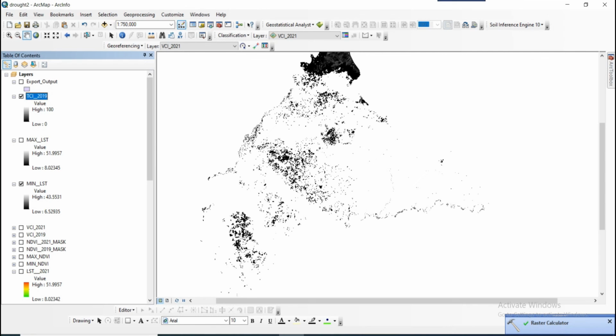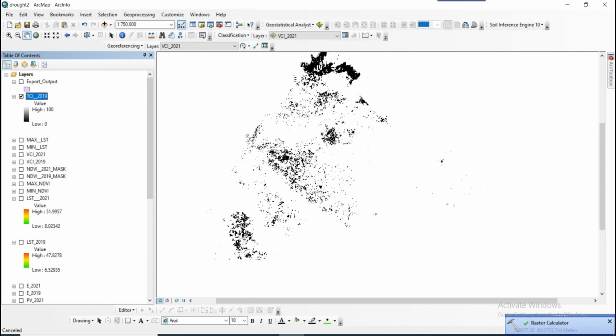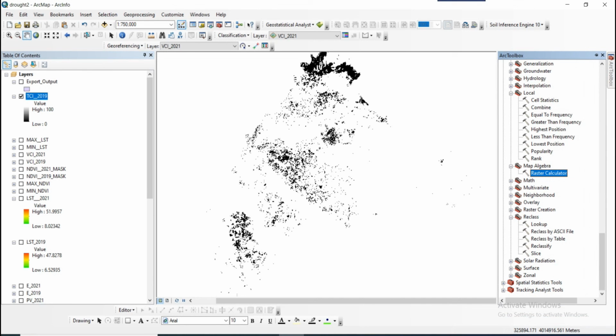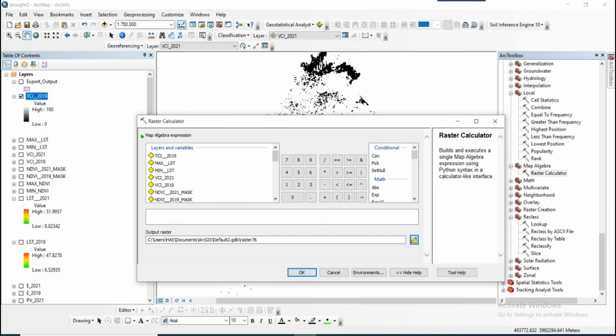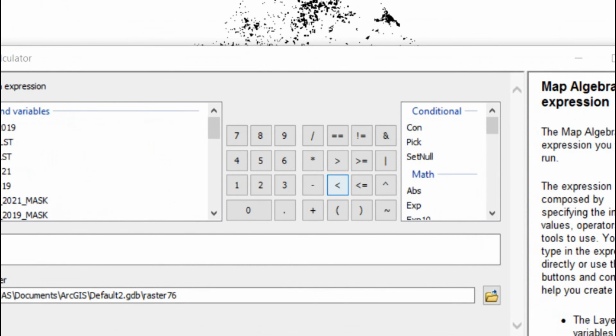So let me turn off these layers, and this is the TCI for 2019. We will calculate the TCI for 2021.